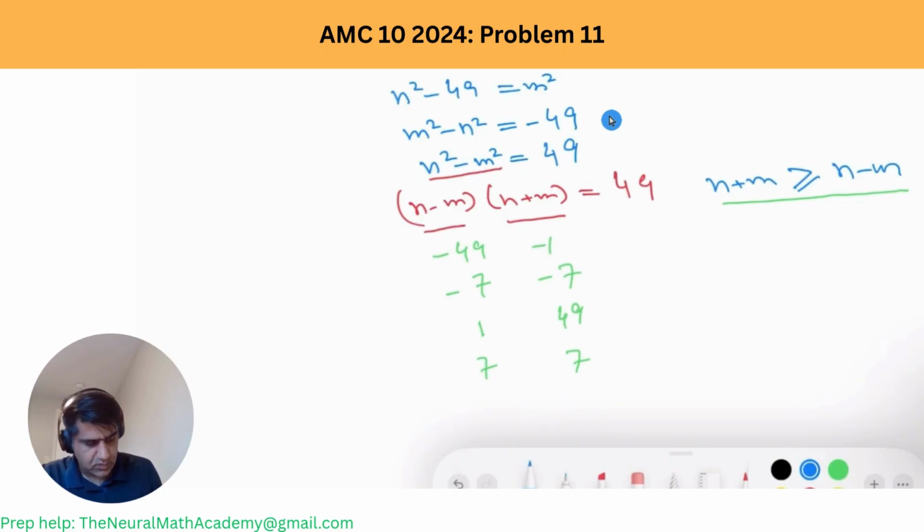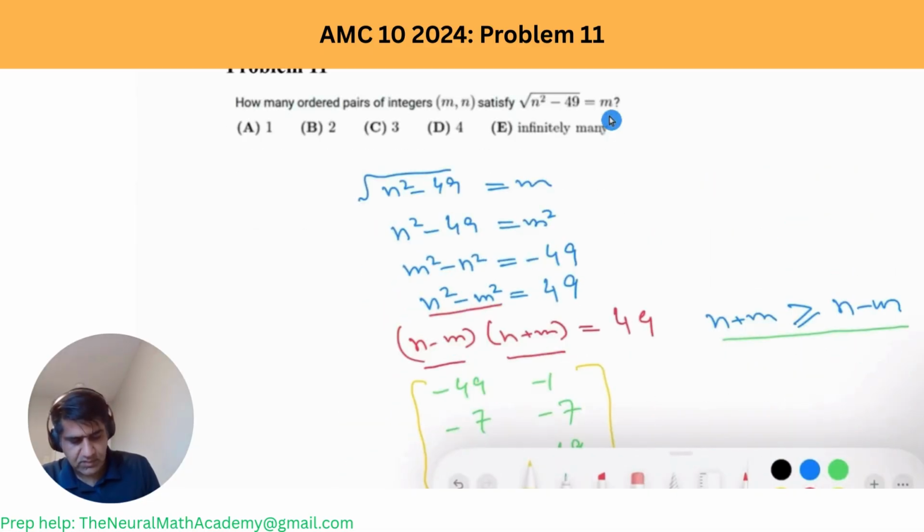So the total number of pairs possible is 4. We do not need to explicitly find the values of m and n in this problem, but if you wish, you could do so based on the time that we have. It is better just to identify the ordered pairs that can satisfy this expression. That's all you have to do. So 4 is the answer for this problem.